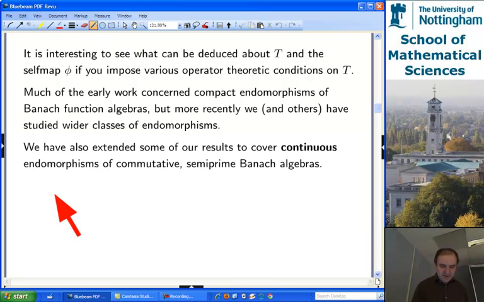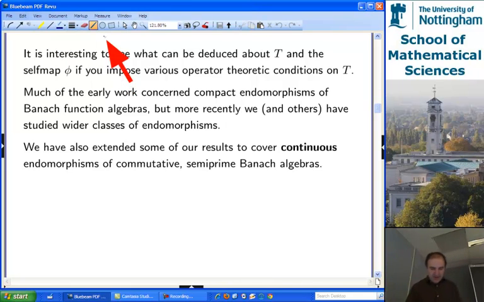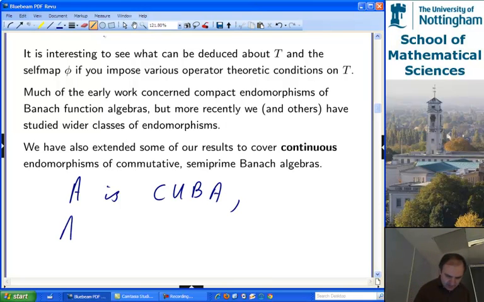Well, lots of different equivalent definitions of this. Let's go back to blue. And I don't think I need the arrow anymore. So what does it mean to say a commutative unital Banach algebra A is semiprime?